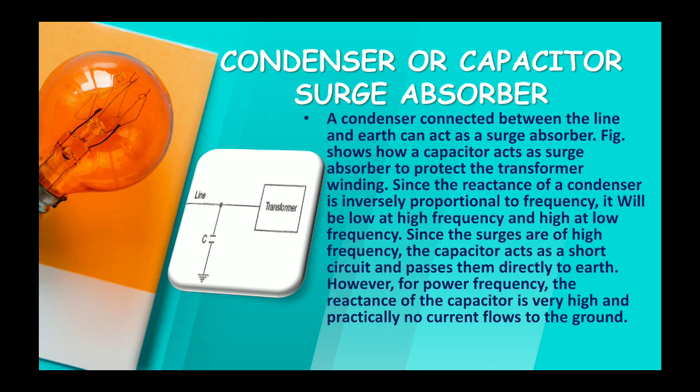A condenser connected between the line and earth can act as a surge absorber. The figure shows how a capacitor acts as a surge absorber to protect the transformer winding.